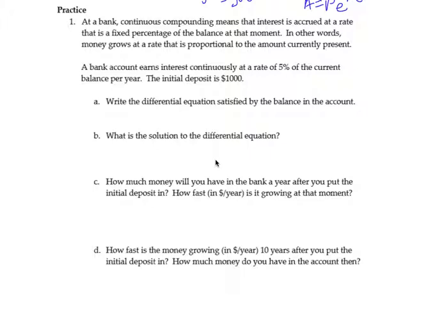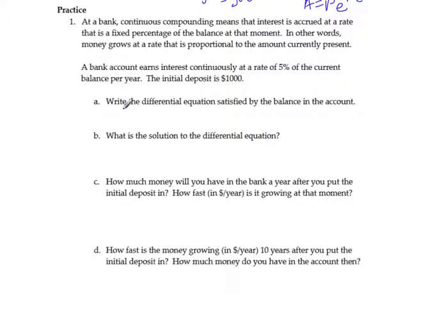So now let's get some details in here. A bank account earns interest continuously at a rate of 5% of the current balance per year. Here's my 5%. Initial amount is $1,000.